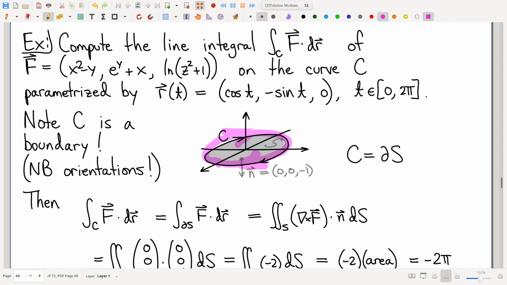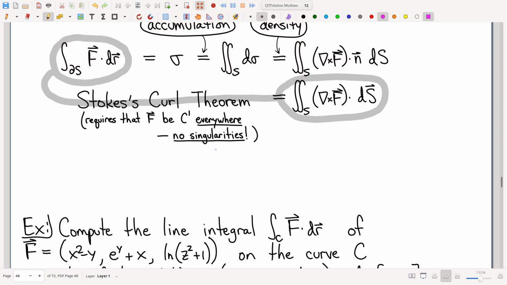Okay, now we have our usual concern. Our usual concern here is, don't forget, if you're going to use this theorem, very importantly, this has to be a boundary. And again, this is not mathematician fussiness or anything. It's got to be a boundary.